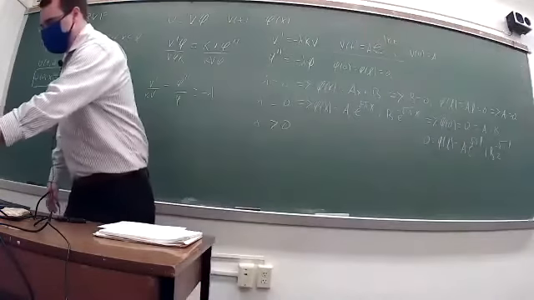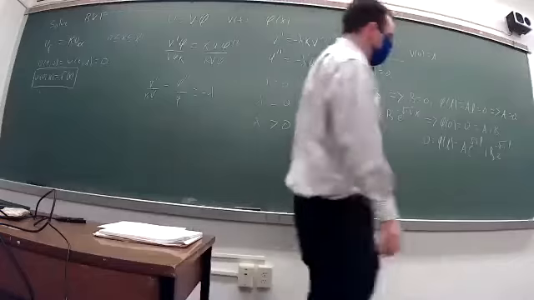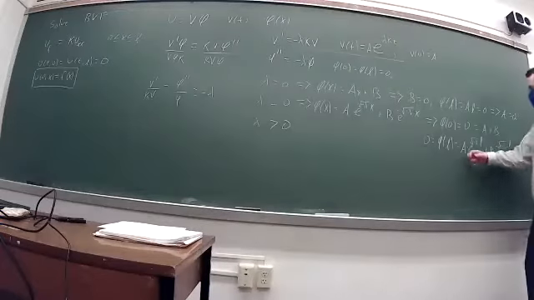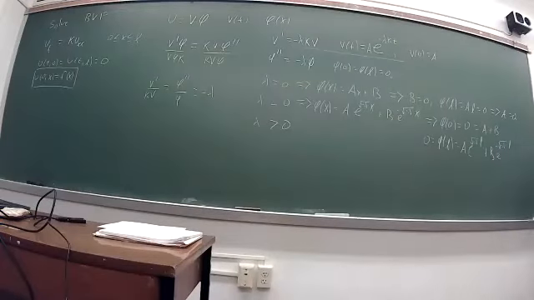So the question is, how do you try to show that A and B have to be 0? Well, the exponential values are going to be opposites.